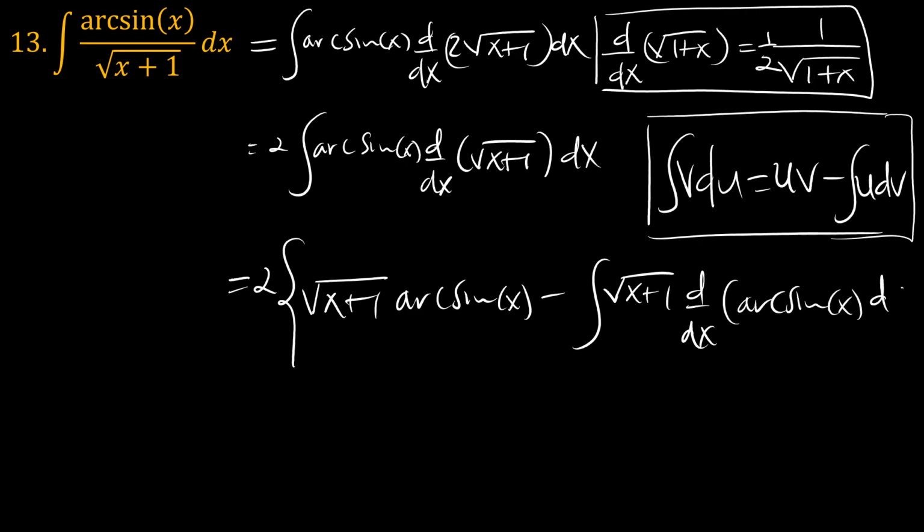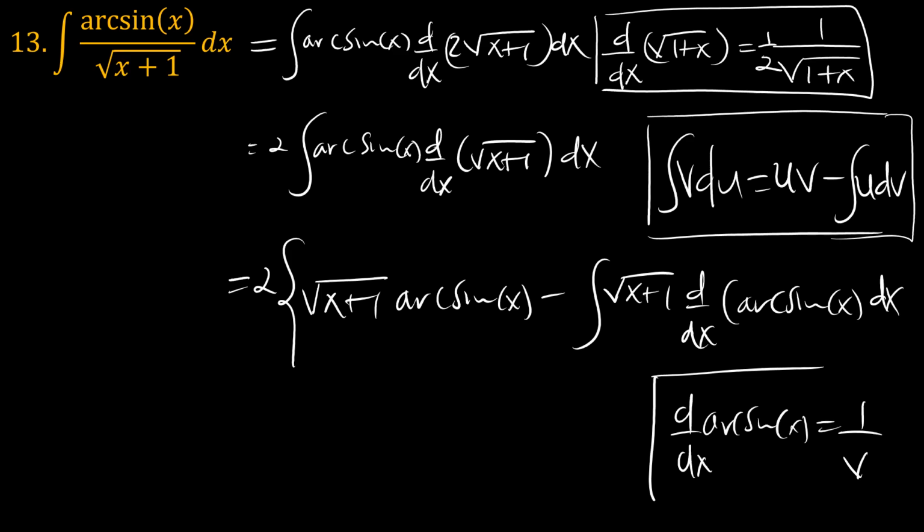Okay, what is arc sine of x differentiated? That's an easy one. Differentiating arc sine of x is the same as 1 over square root of 1 minus x squared.